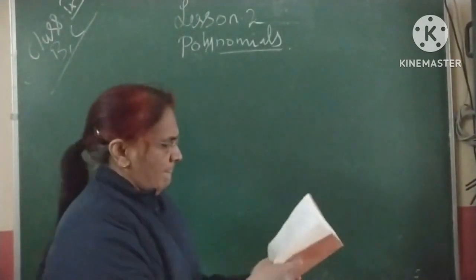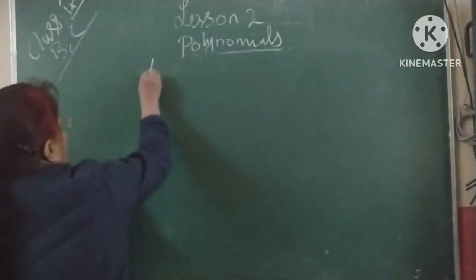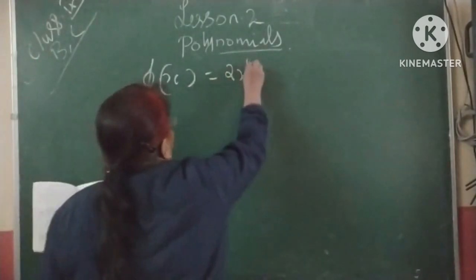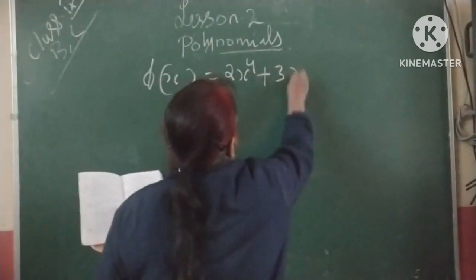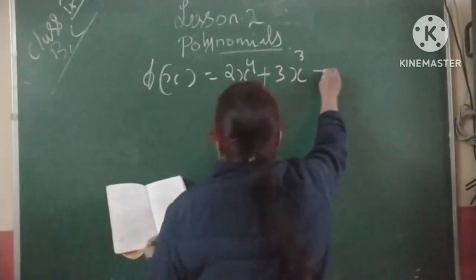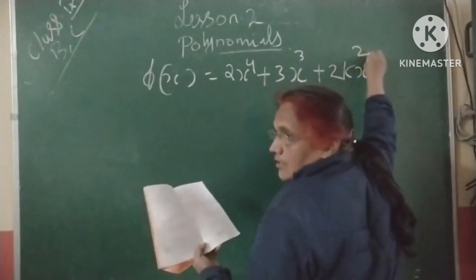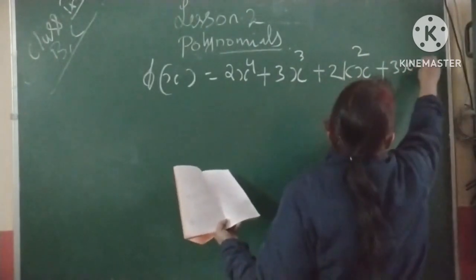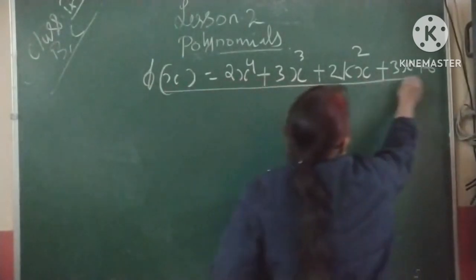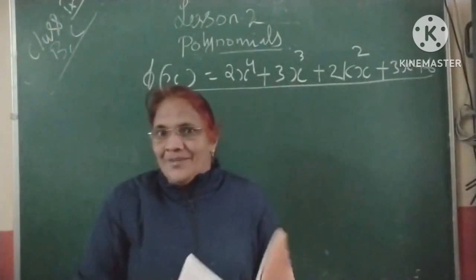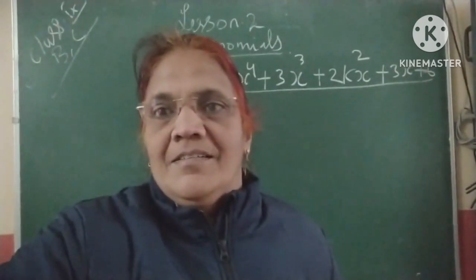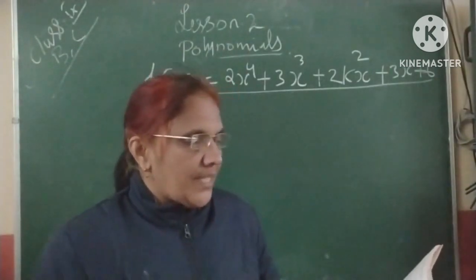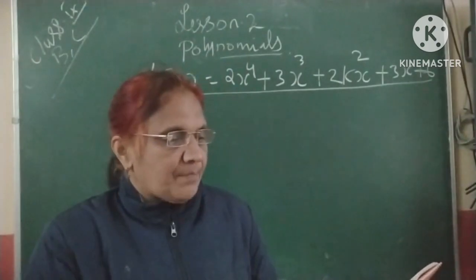Let f of x equal 2x to the power 4 plus 3x cube plus 2kx square plus 3x plus 6.